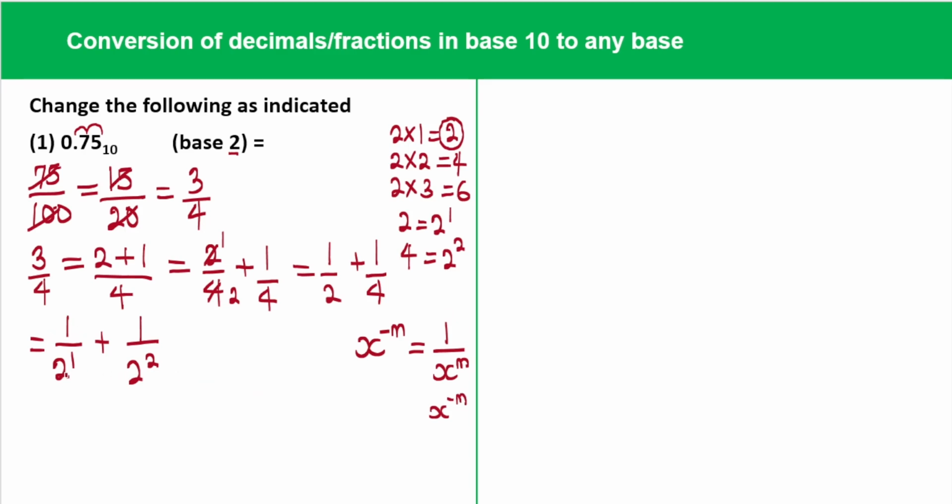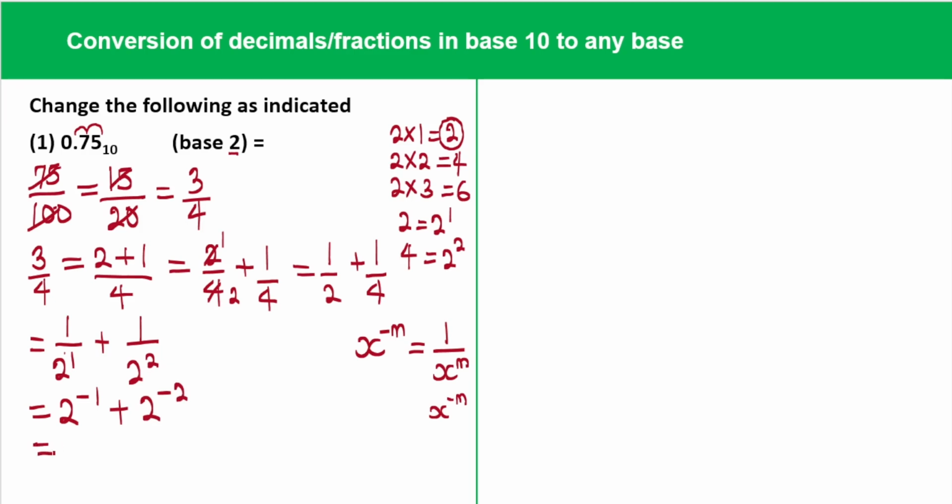Now, if we apply that concept here, it means that the 1 over here will change into minus in front of this 1. Therefore, we have 2 to the power of minus 1 plus 1 over here will also change to minus in front of these 2. Therefore, we have 2 to the power of minus 2.